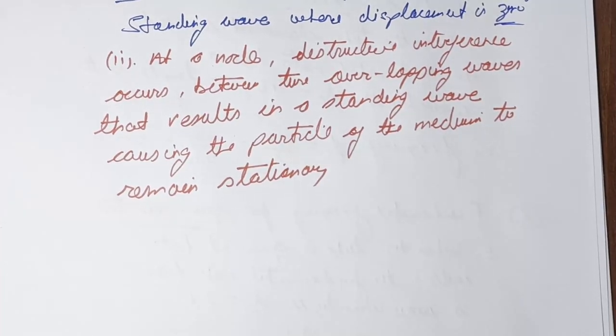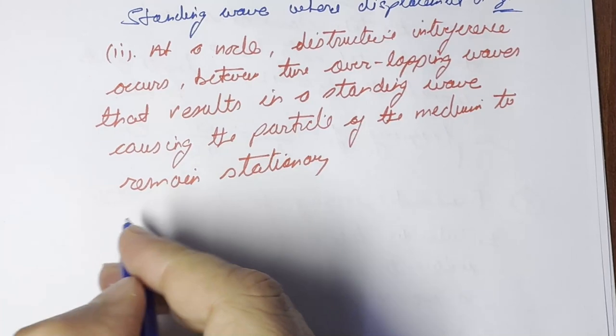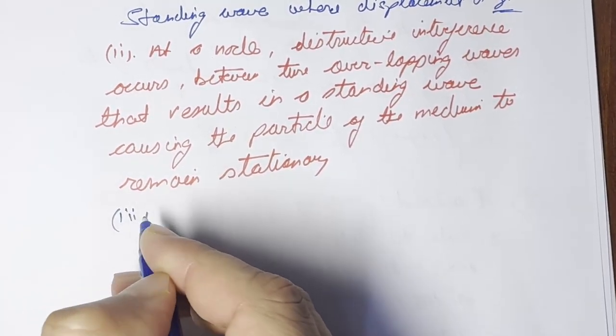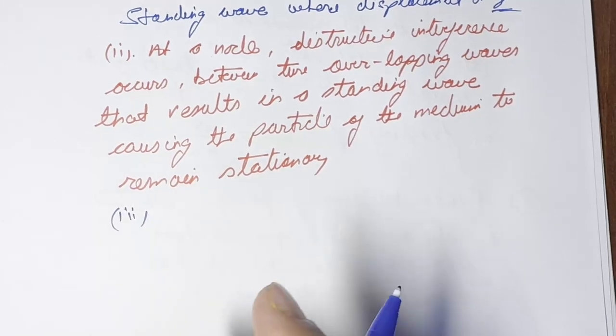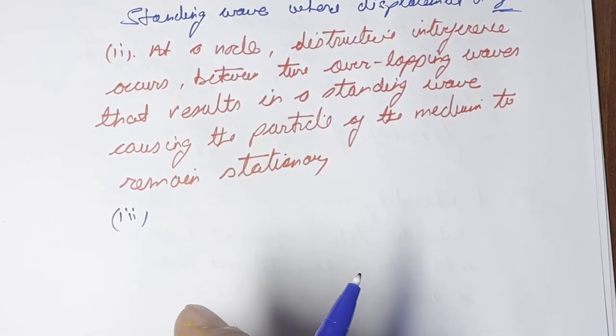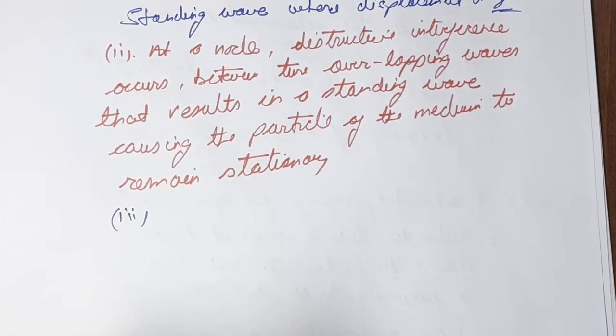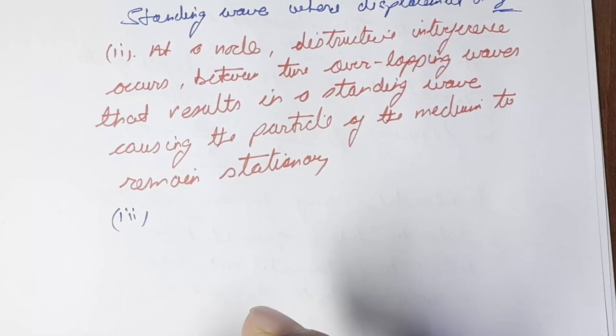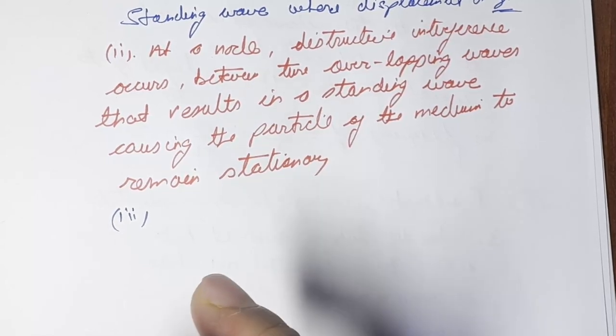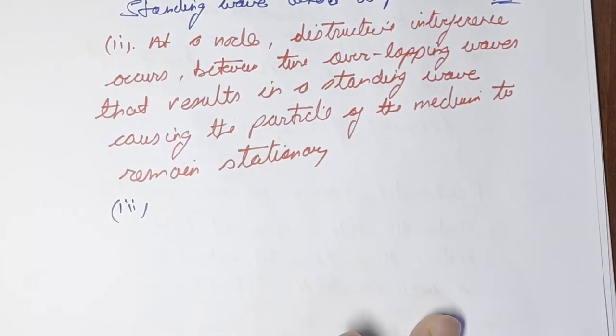Now the third property states that nodes occur at intervals of half wavelength in a standing wave. So if the wavelength is lambda, then the nodes will be at intervals of lambda by 2.